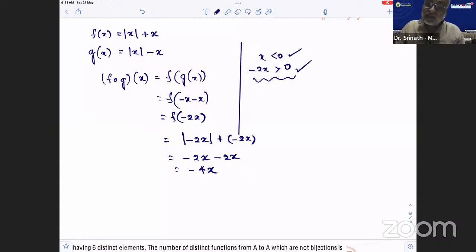So as minus 2x itself is positive, mod of positive number is positive number itself. I think this is where the confusion is. Purnima, I think I have addressed your doubt. Here minus 2x is positive. So mod of positive number is that positive number.